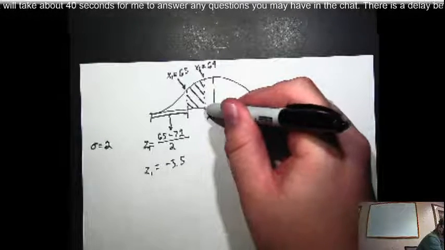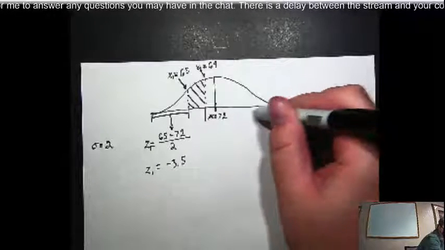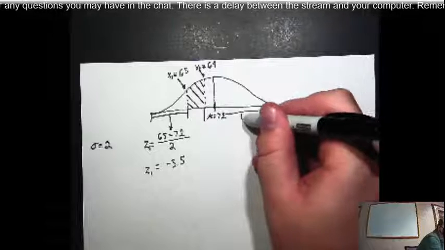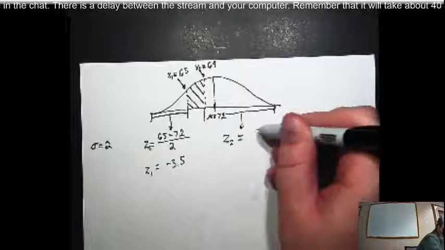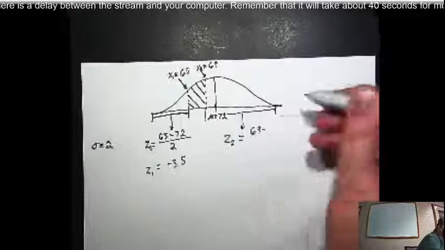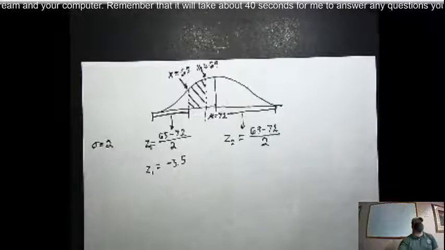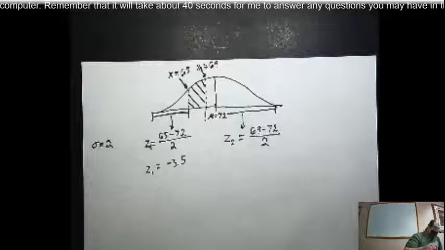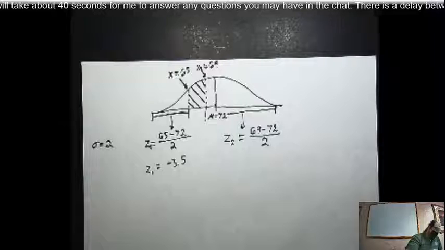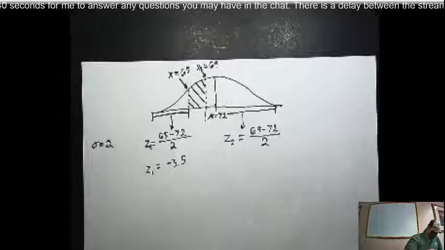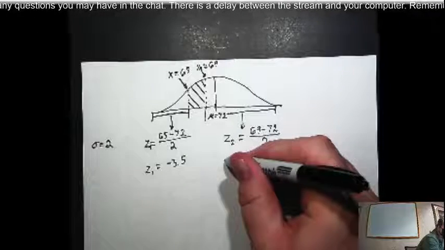So this part is z, let's call it z2, equals 69 minus 72 divided by 2, which is -1.5.